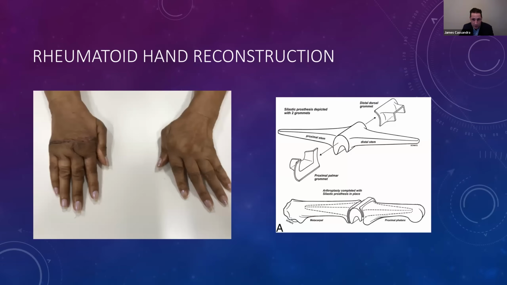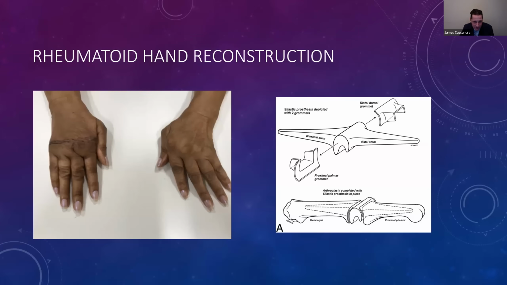And here's an example of a rheumatoid hand. You see the right hand underwent surgery. The ulnar drift is corrected. This is what we'd call a rheumatoid hand reconstruction. There's a synovectomy performed at the MCP joints, and then the extensor hood has to be rebalanced.